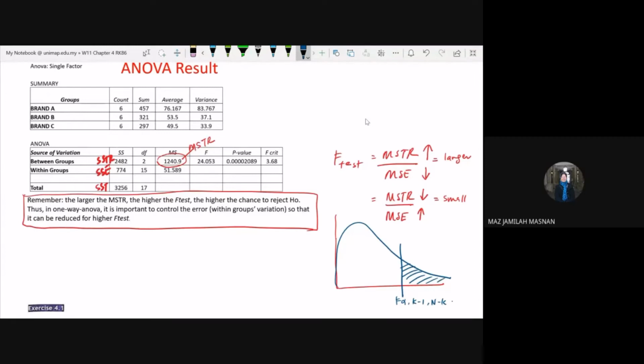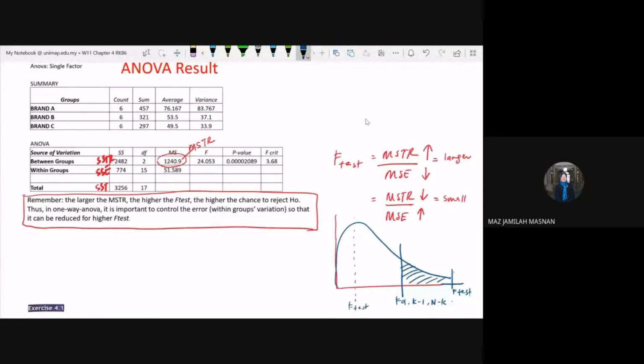Now, if your MSTR is larger, your MSE is smaller. So if you have a larger MSTR, you will have a larger F test. If you have a smaller MSTR and larger MSE, the denominator is larger, so you will have a smaller F test, tending towards 0. This is where your F test lies.